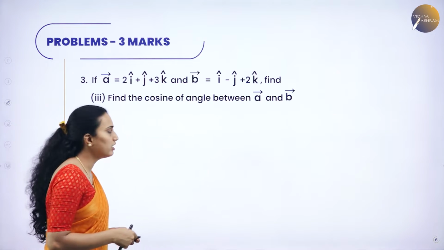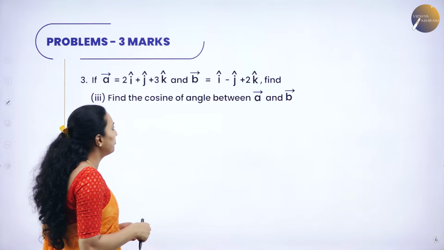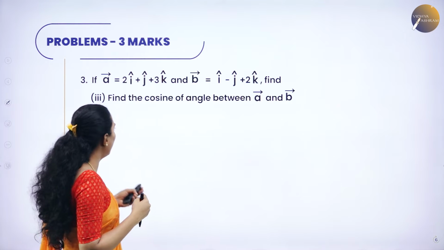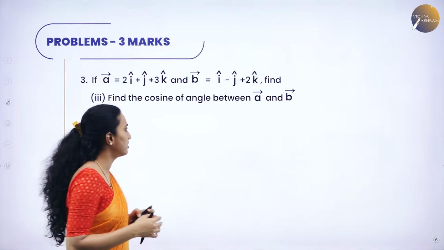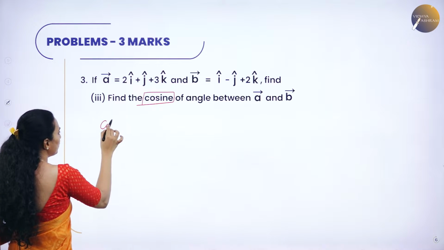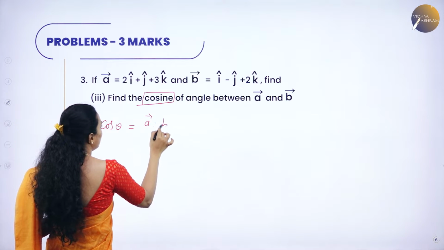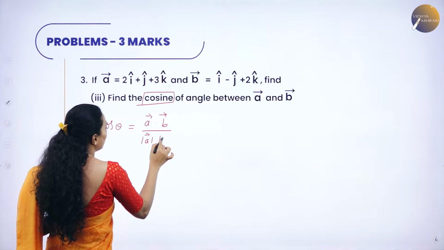If vector a is equal to 2i plus j plus 3k and vector b is equal to i minus j plus 2k, find the cosine of the angle between vector a and vector b. Here they have mentioned the cosine of an angle, so you need to find cos theta, given by the formula a dot b divided by magnitude of a into magnitude of b.